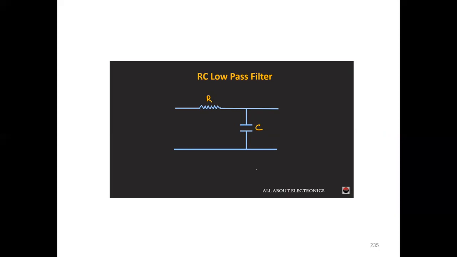Low pass filter means signals from 0 up to the cutoff frequency are sent to the output, and the remaining signal is rejected. We find the cutoff frequency using the resistor and capacitor values. We know the frequency equation: F is equal to 1 divided by 2 pi RC.